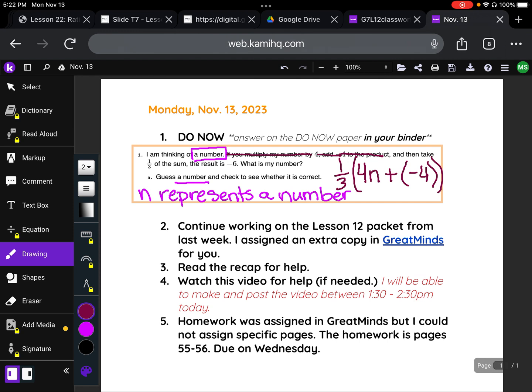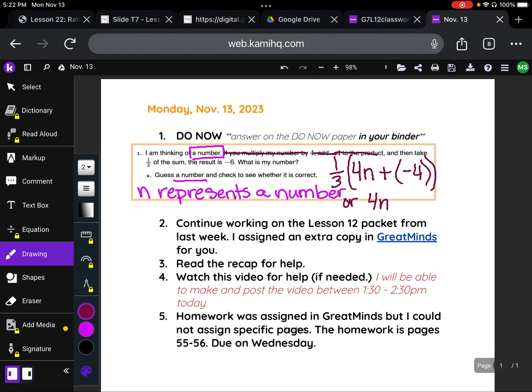So that's one way we could write this equation, word for word, or we could write 4n plus a -4. We could write that as -4. And the same thing as multiplying by a third is dividing by 3.